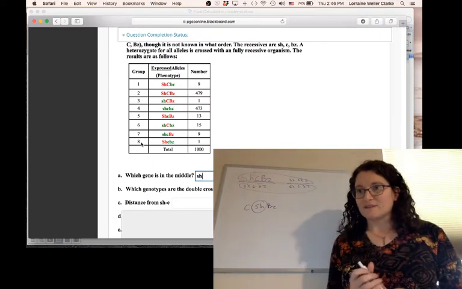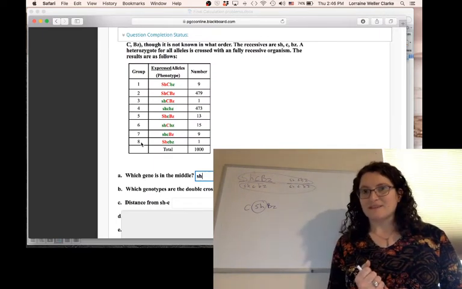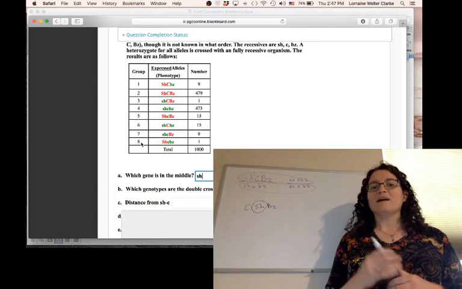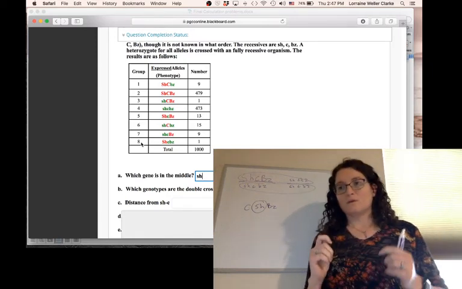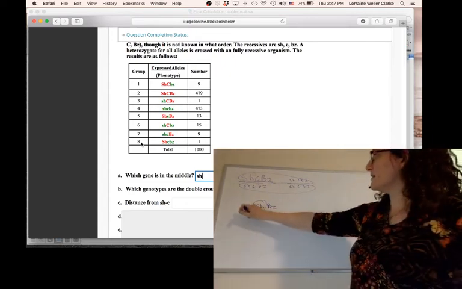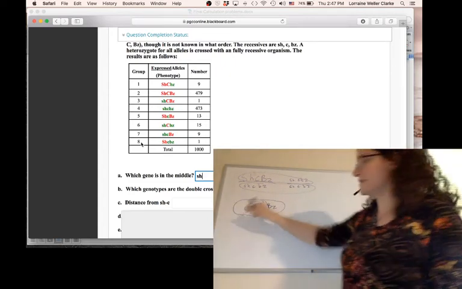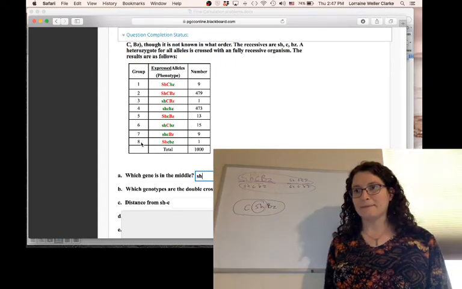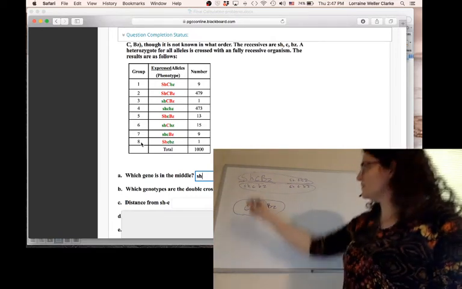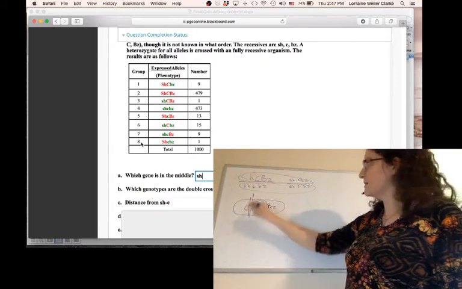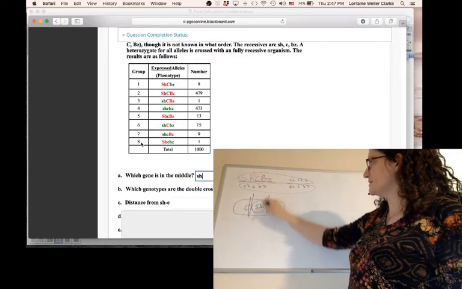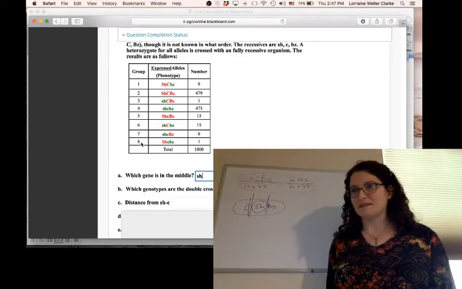How do we find the distance from SH to C? The next thing we do, how many total do we have? We have 1,000. In this scenario, a crossover in this space would move the C. A crossover in this space would move the BZ.